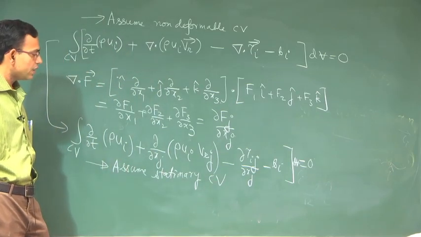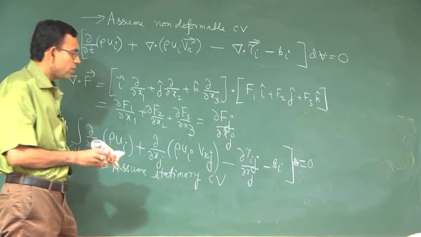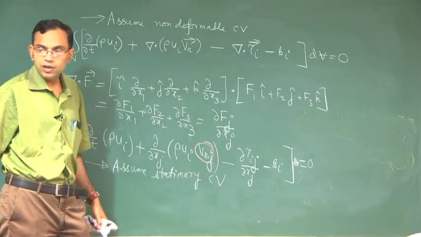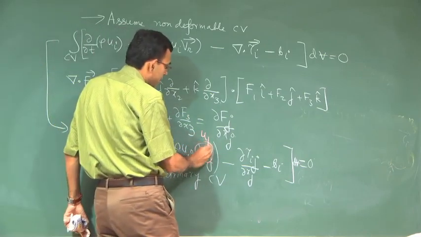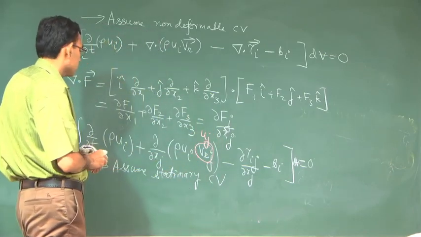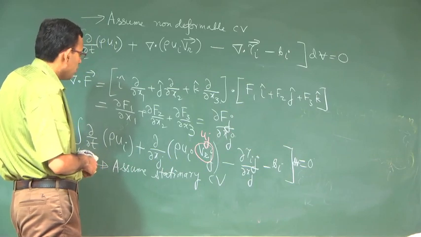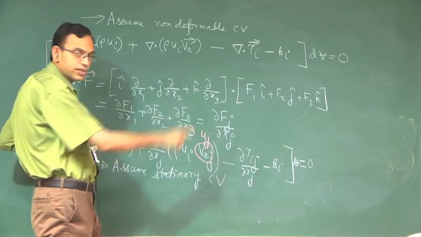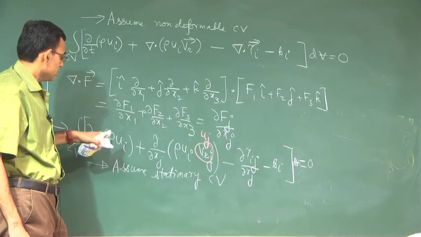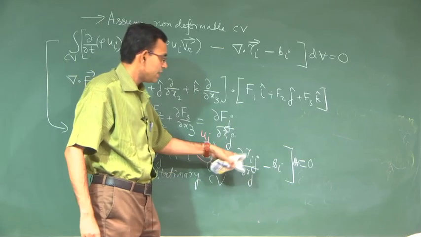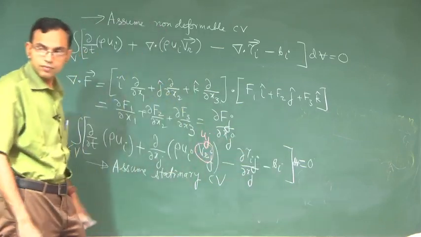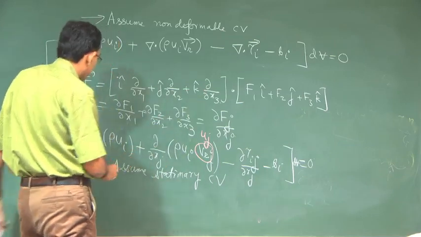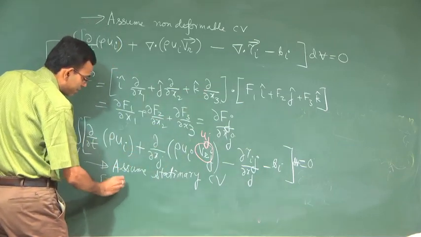So, if you have a stationary control volume, then the relative velocity becomes the same as the absolute velocity. So, Vr becomes V. Then you are left with this total term in the square box: this plus this minus this equal to 0. Because the volume choice is arbitrary, that means this term in the box must be equal to 0.